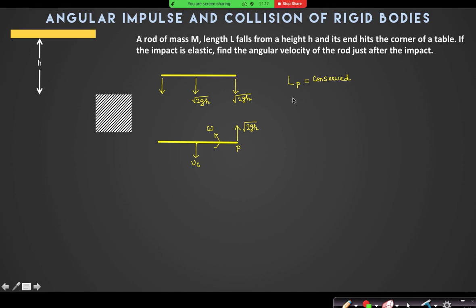So what is the angular momentum of the system about point P before hitting the table? M into root over 2gh into L by 2.